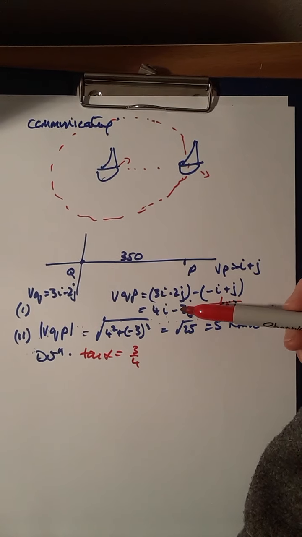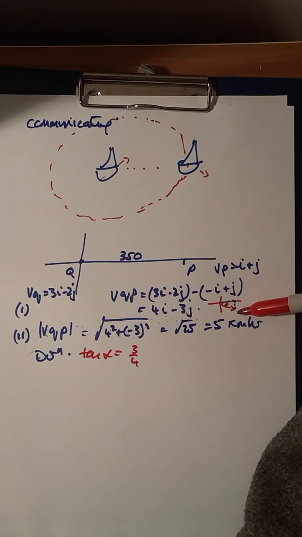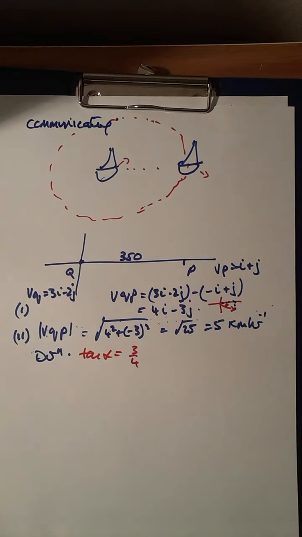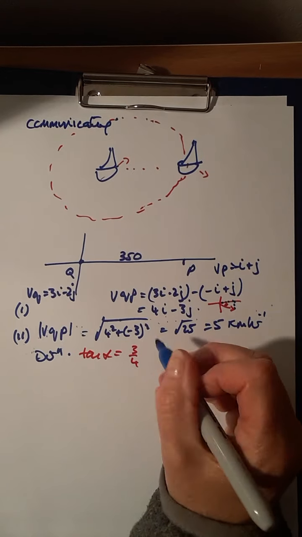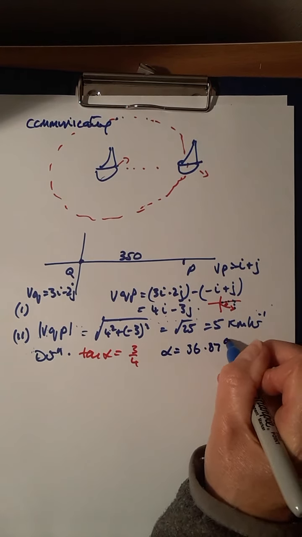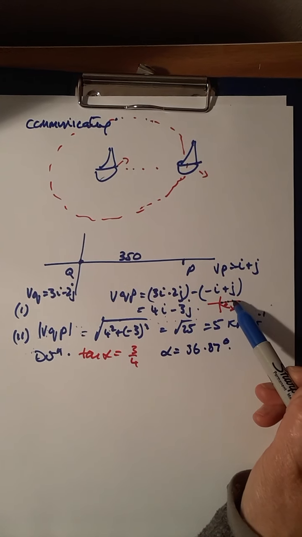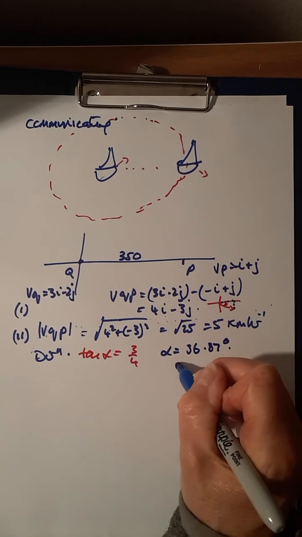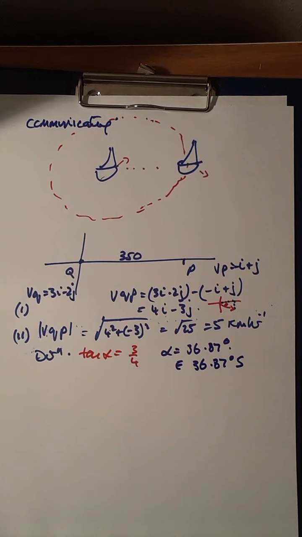I wouldn't bother about the sign here, simply because I can tag it east and south, so that will get rid of any problems with signs for me. So the arctan of 3/4, when I put that into the calculator, I'll get alpha to be 36.87 degrees. And then if I give it an actual direction, it's heading east and then it's going south. So it's east 36.87 degrees south. So that's this direction.